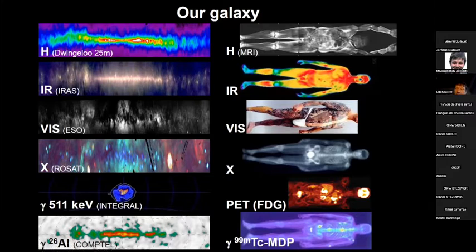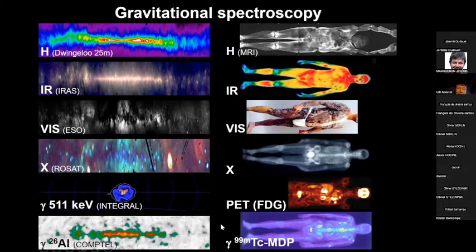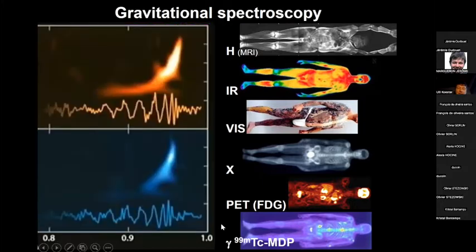Now, nowadays, obviously, this is only different types of photon wavelengths, but nowadays we are speaking about multi-messenger astronomy. So we should maybe mention the gravitational spectroscopy, made direct by gravitational wave detection, or indirect by the quantification of dark matter.